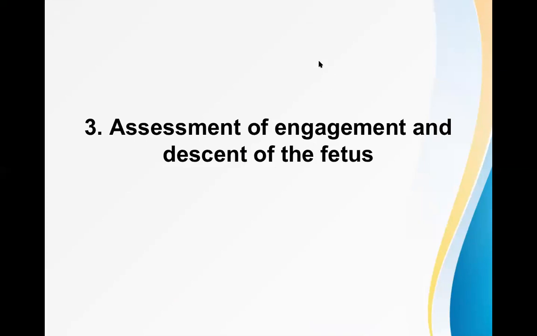Now another part of the discussion is how to assess the engagement and descent of the fetus by clinical examination. How do I know the fetal head is engaged or the presenting part is engaged, and how much the fetus has descended into the pelvic cavity?